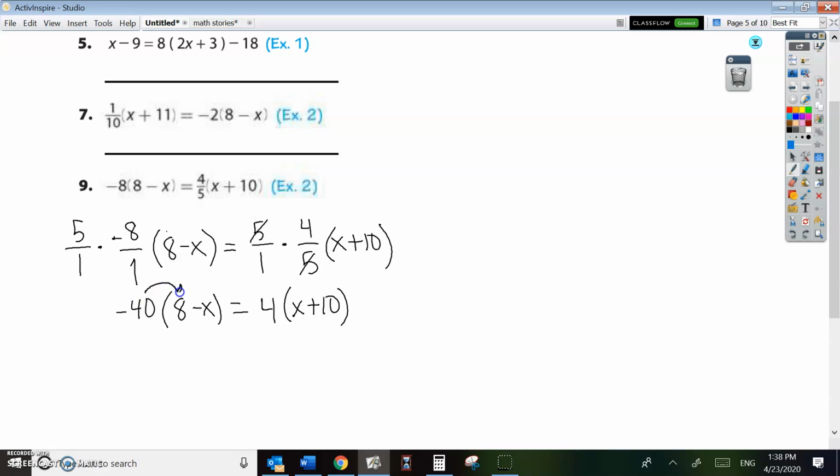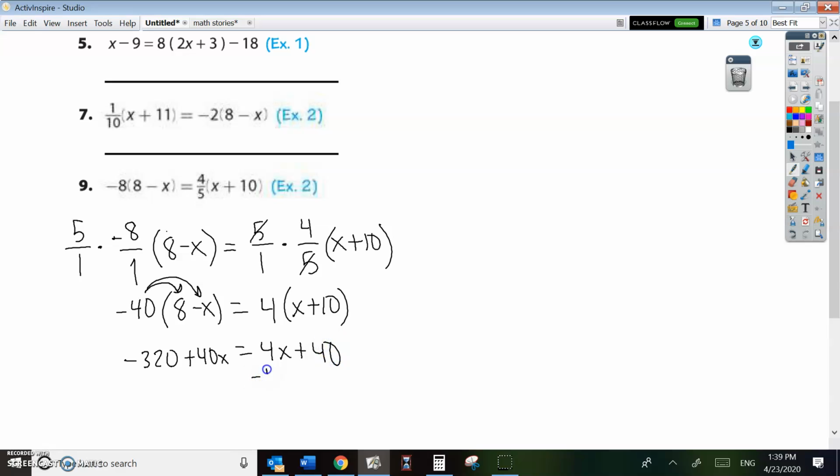Distribute the negative 40 to the 8 and to the minus x. So that's minus 320. And then that negative 40 times the minus 1x is positive 40x equals 4x plus 40.